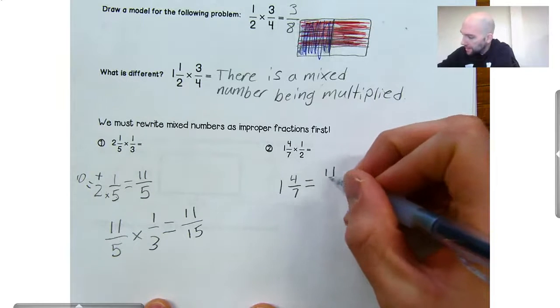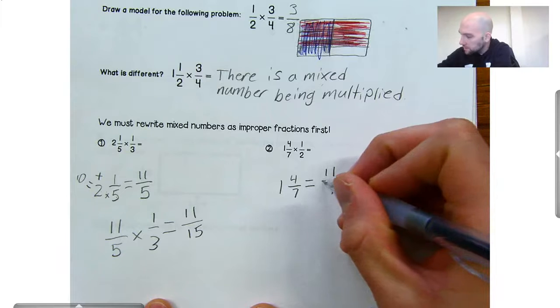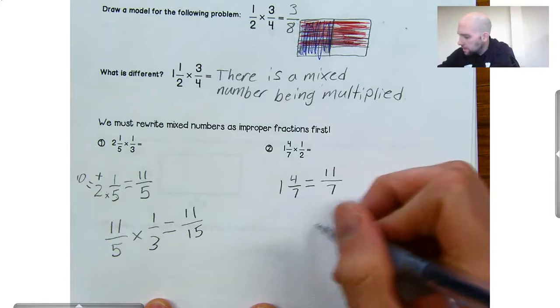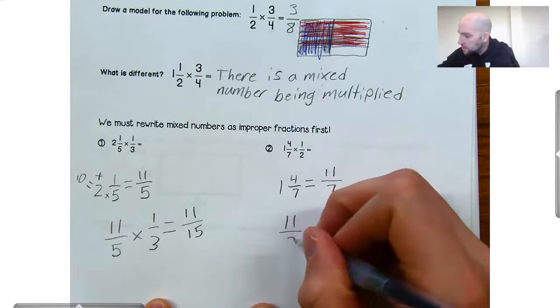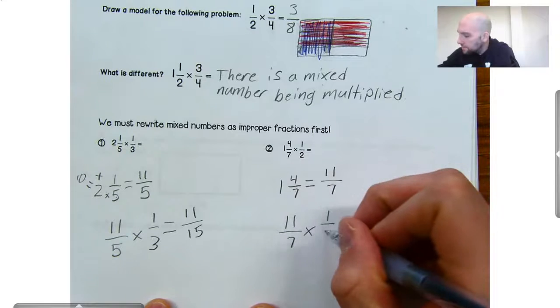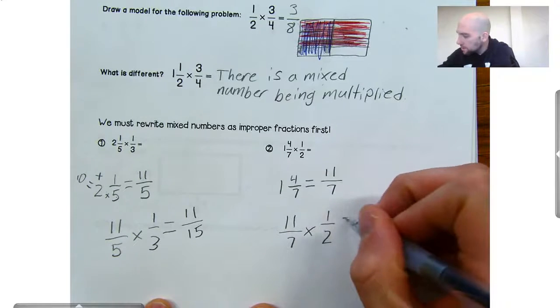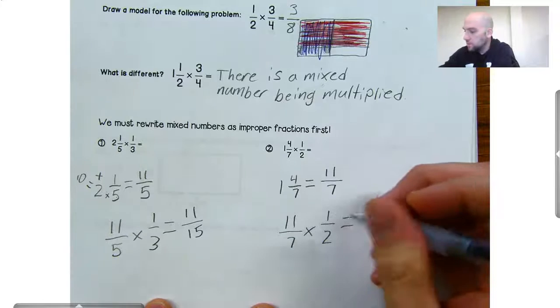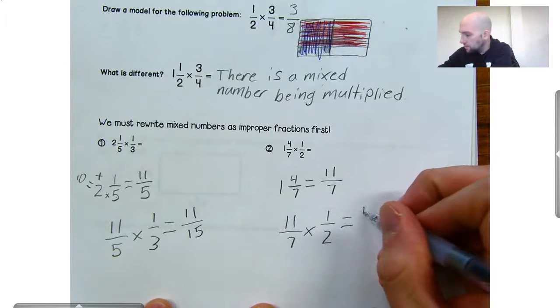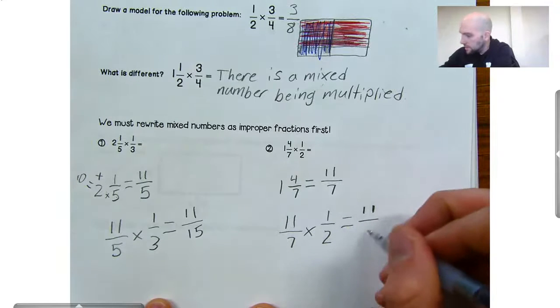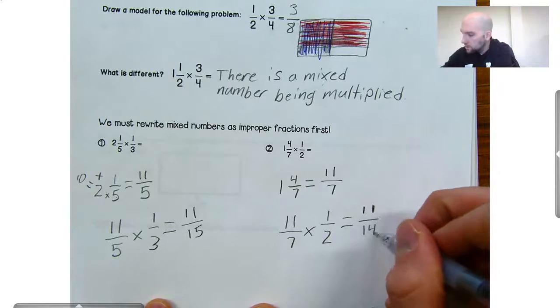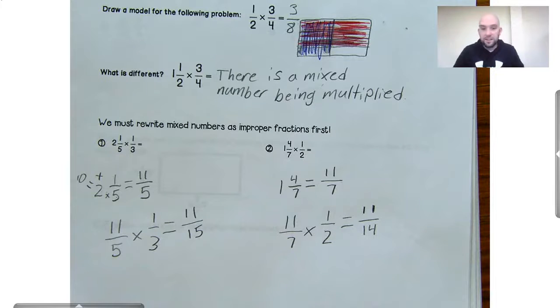So this is going to be 11/7. 11/7 times 1/2 equals, well, 11 times 1 is 11. 7 times 2 is 14. So we'll have 11/14. So the first one we had 11/15, and then number 2 we had 11/14.